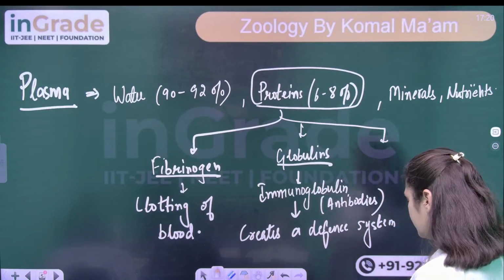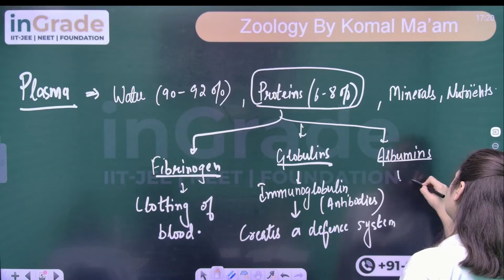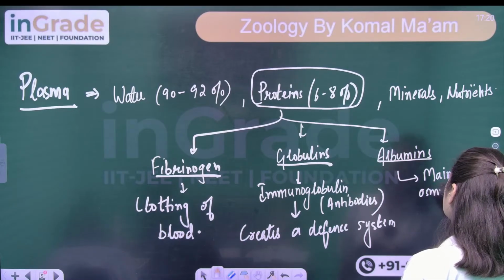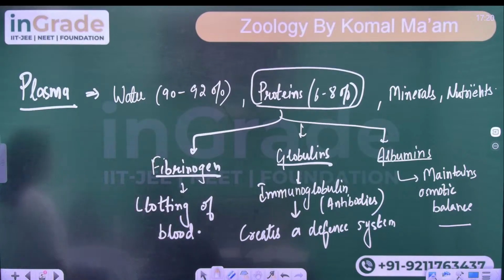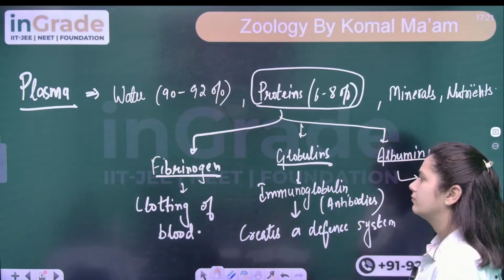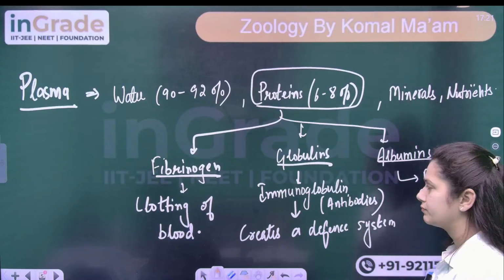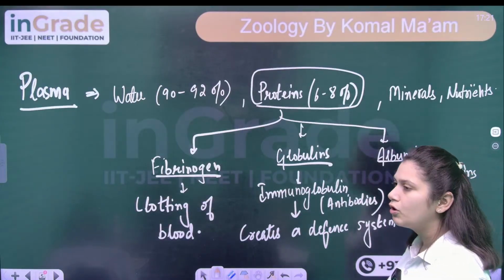Then next we have albumins, which maintain osmotic balance. Okay, class. These are the main differences. Okay, so this was all about plasma.